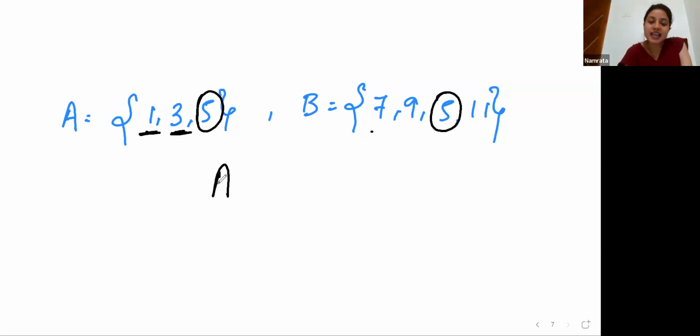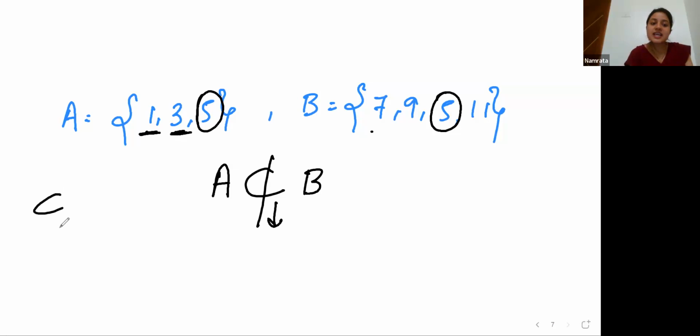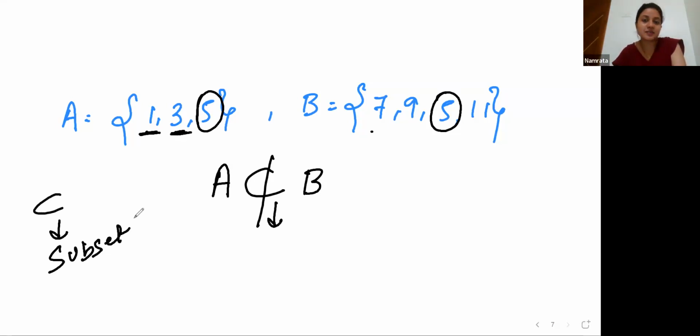So we can say A is not a subset of B. This is the sign of subset, and if we have to say it's not a subset, we will cut it. Are you getting it? So this is how we define subset.